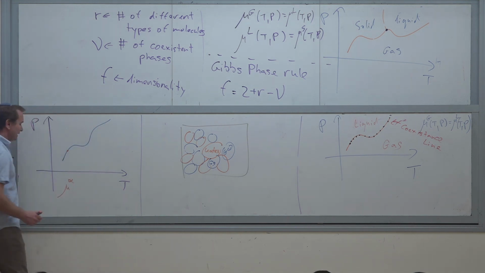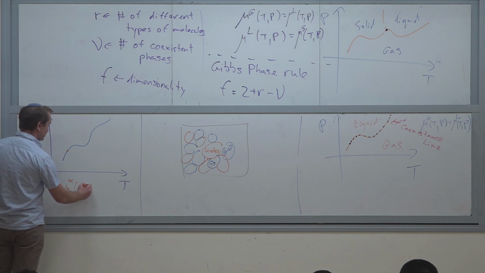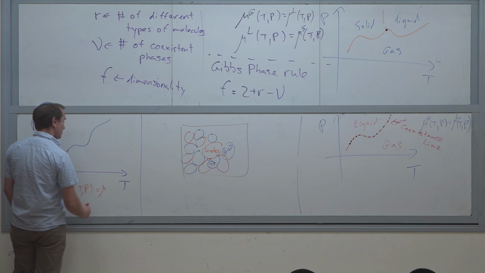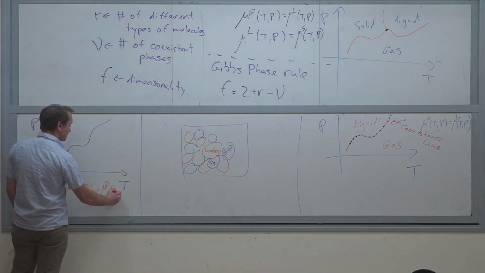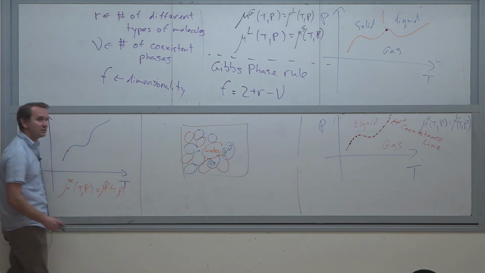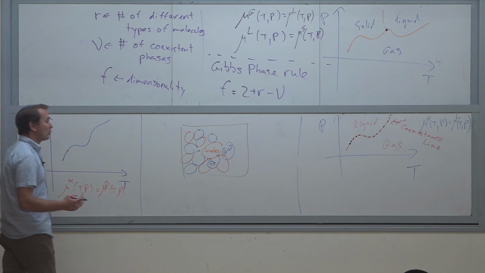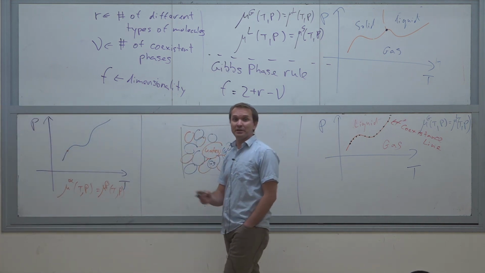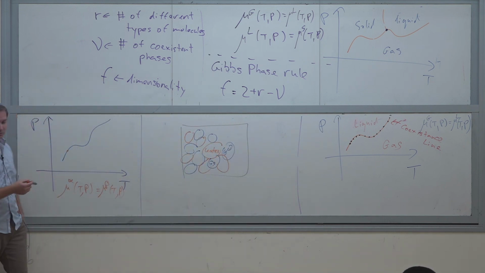So the chemical potential of phase alpha at temperature T and pressure P equals the chemical potential of phase beta for the same temperature and for the same pressure, because we know that the temperatures for a coexistence of two phases are exactly the same, as we know from stability criteria. The same happens for pressures.